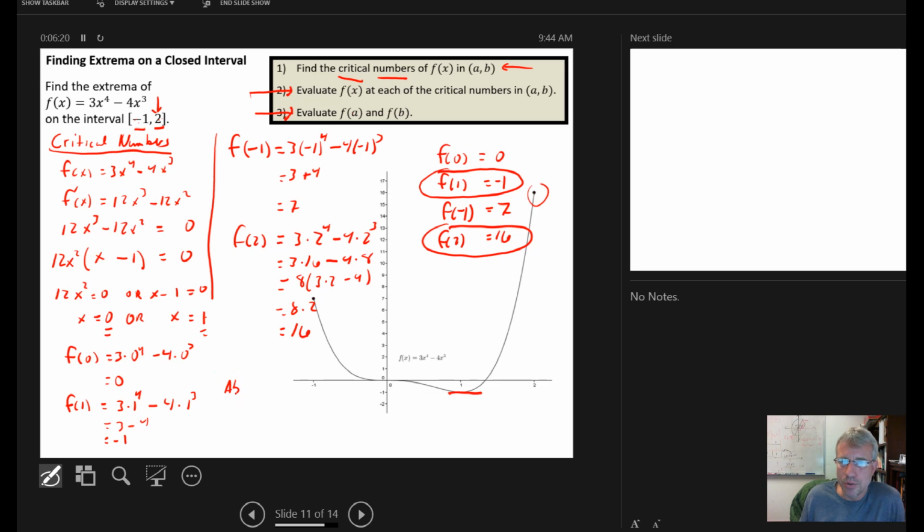The absolute maximum is 16, located at input 2, output 16, and the absolute minimum is -1 at the point 1, -1.